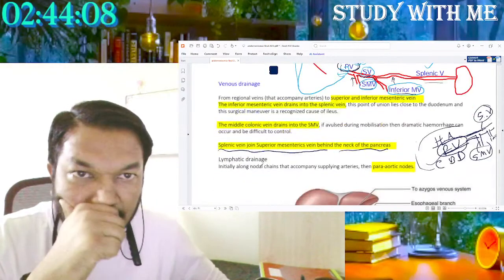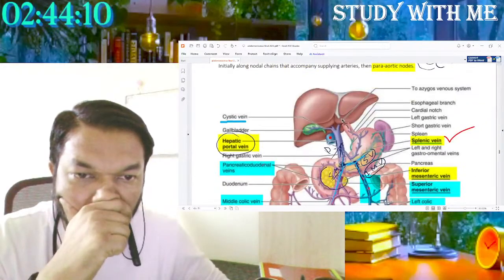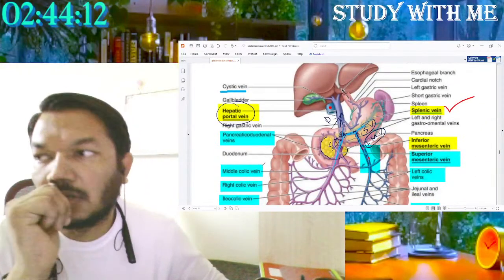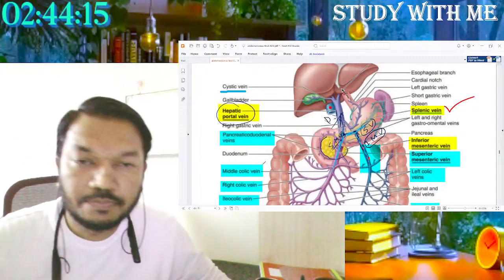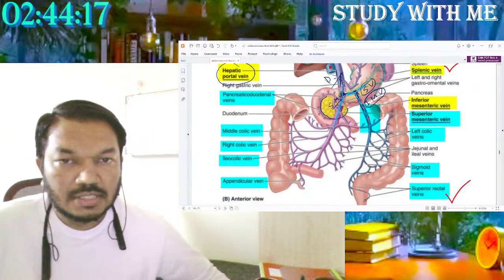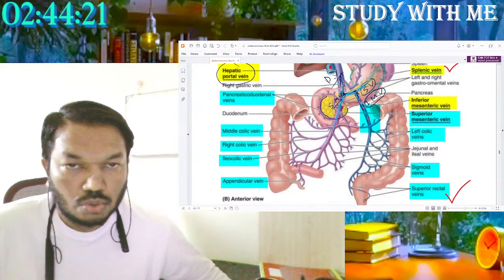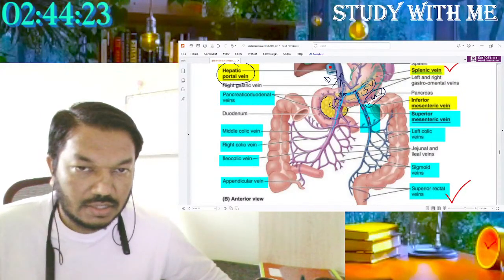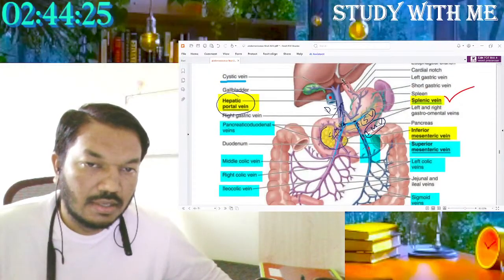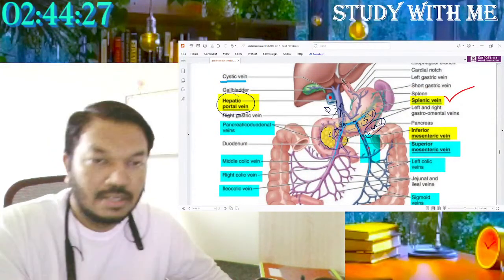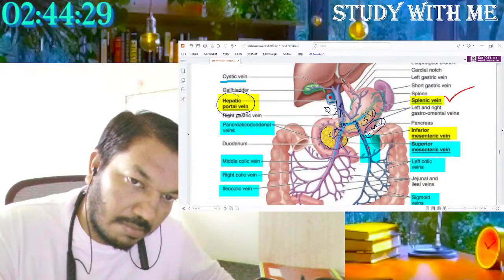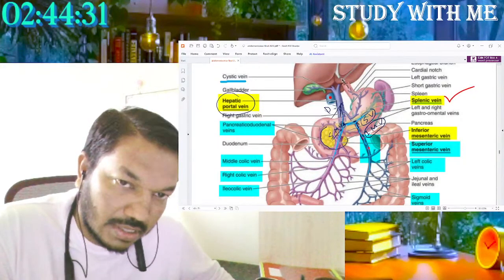Now the venous side is a bit confusing, but we have to remember it properly. The superior mesenteric vein is like the superior mesenteric artery. The inferior mesenteric vein is also like the inferior mesenteric artery.